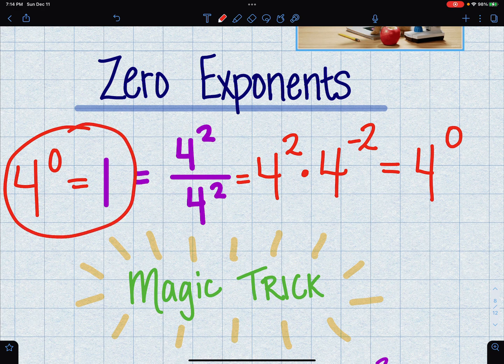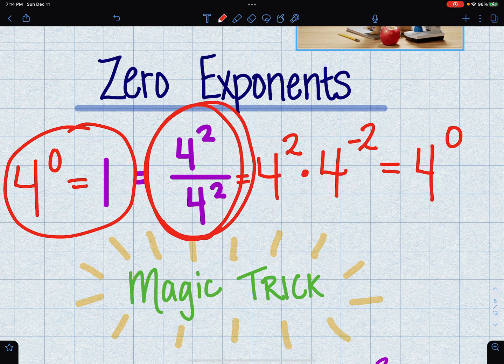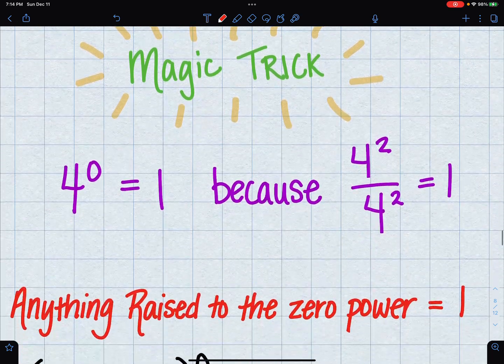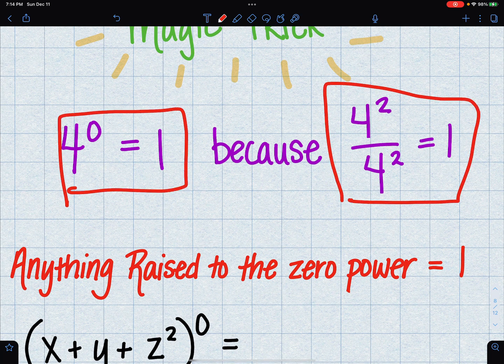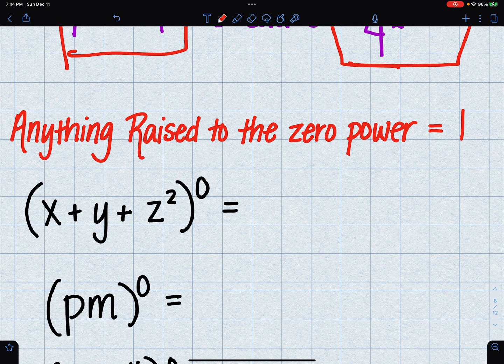And it turns out that anything raised to the 0 power has to be equal to the number 1, because it would be like doing this, putting a fraction over itself. So any variable, any number raised to the 0 power is just 1. That's the magic trick. This is 1 because 4 squared over 4 squared is 1. And anything raised to the 0 power is 1.